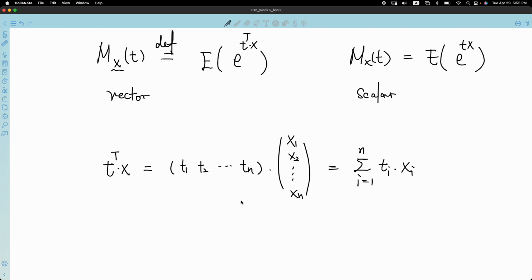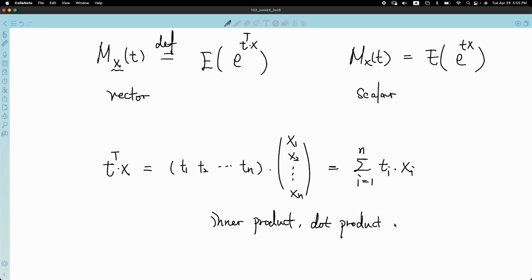Let me put it here: inner product, or sometimes people call it dot product. What are some other names? Inner product, dot product. Any other names?